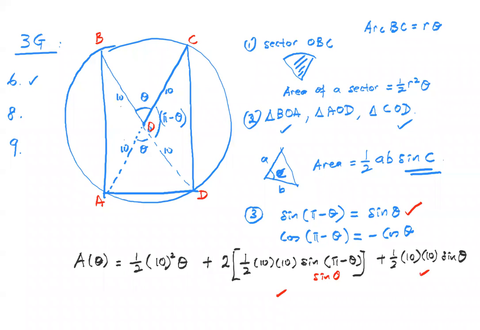So in total, 3. So I have, this one is 50 theta. This one is 3 times 50 sin theta. So factorize out the 50, done. So you see, you need to have all this.